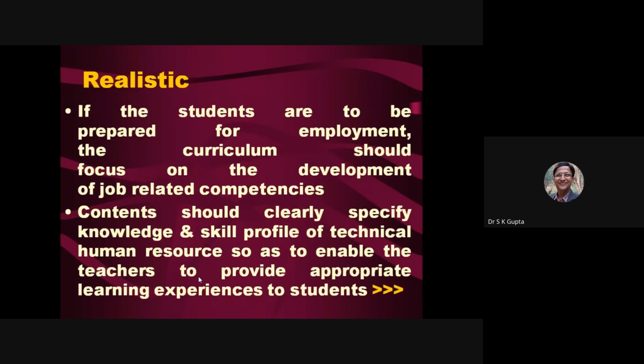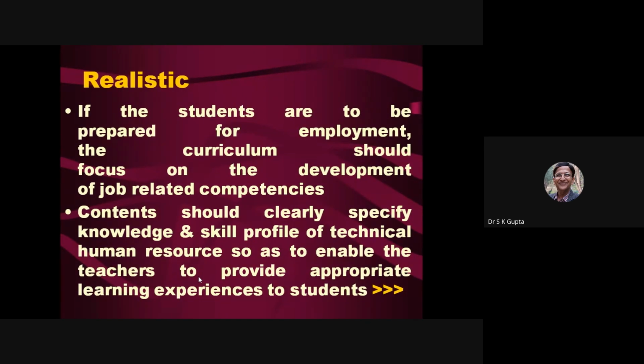Then it should be realistic to implement. When we update or design our curriculum, we must take care that what we are designing can be implemented. It should be feasible to implement. I am not saying that we should not incorporate new technology or new requirements of the industry; we have to incorporate all the latest needs of the industry.